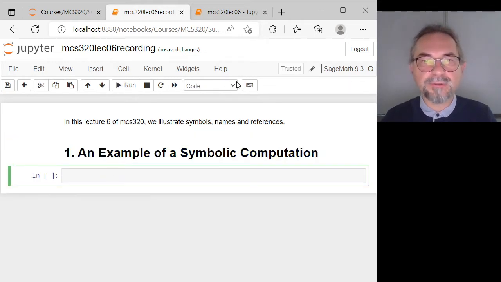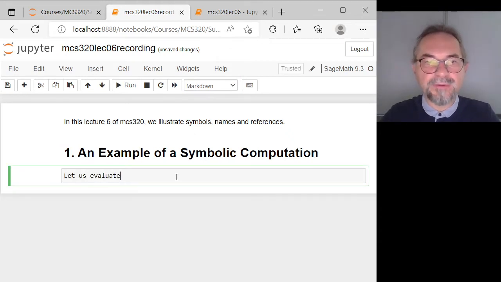So let us compute. We remember from the slide, let us compute the product of a plus b times the square root of 2, times c plus d times the square root of 2.